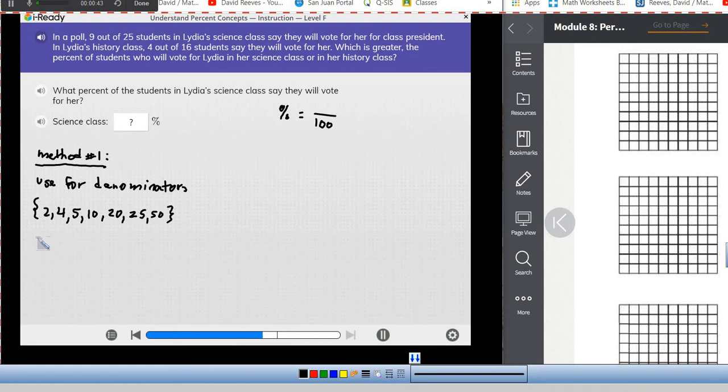All right, and so the method is to find the equivalent ratio with the denominator of 100.